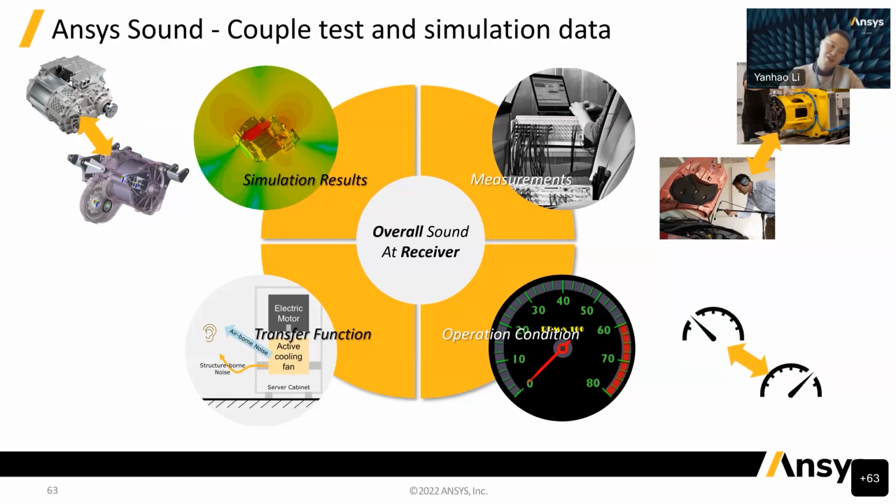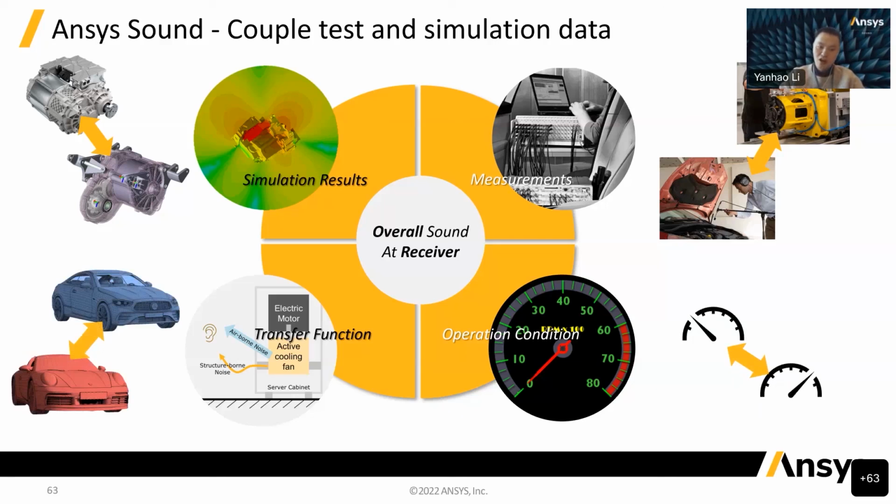You can also, like I showed you, change the operating condition. You can use your recorded speed up result to simulate what it would sound like in a coast down condition. You can also consider the difference between transfer functions, like putting the same product into two kinds of vehicles, just changing the transfer function.